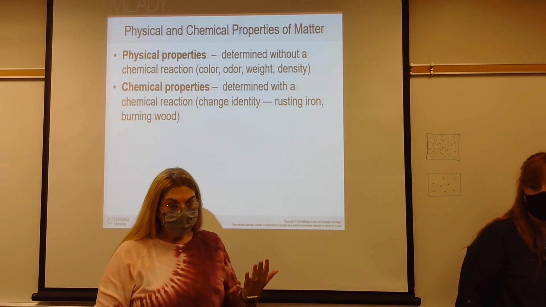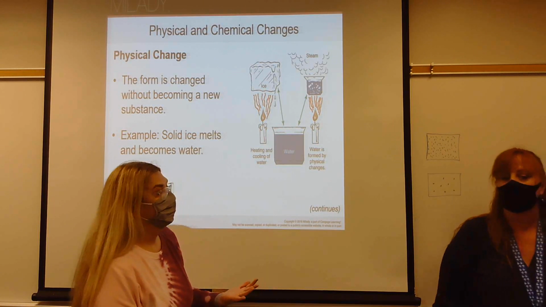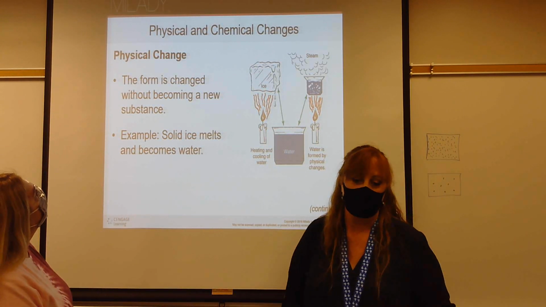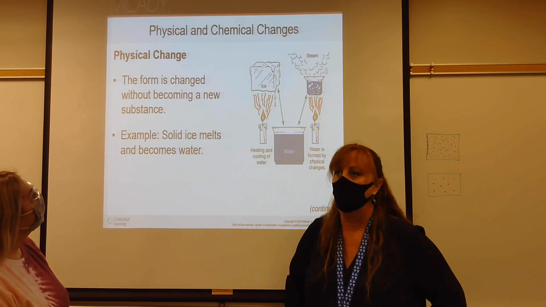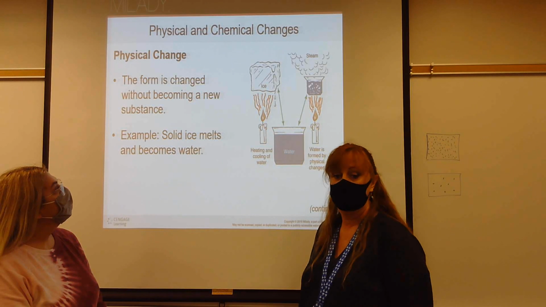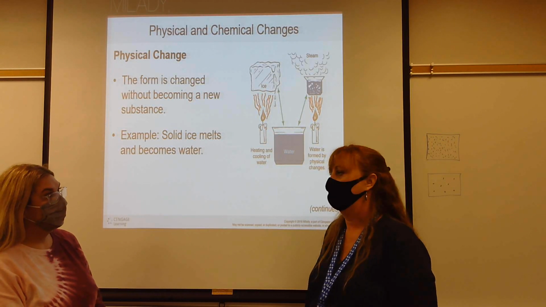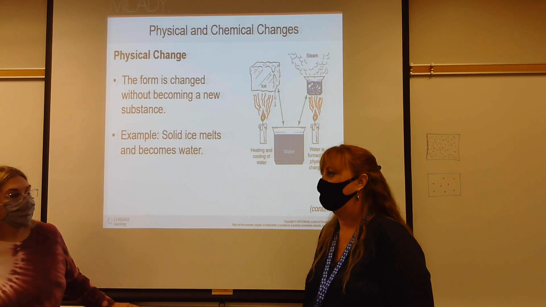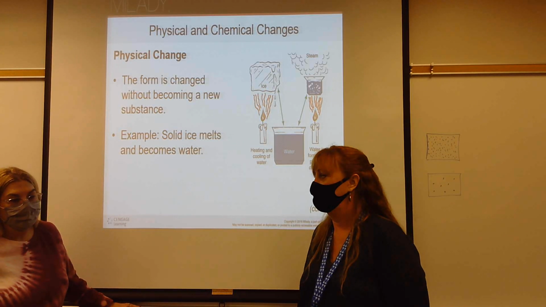Actually, ice melting would be a physical change. So your physical properties, you think about water. Water can be a solid if it's frozen. It can be a liquid if it's not frozen. It can be a vapor if it has boiled.